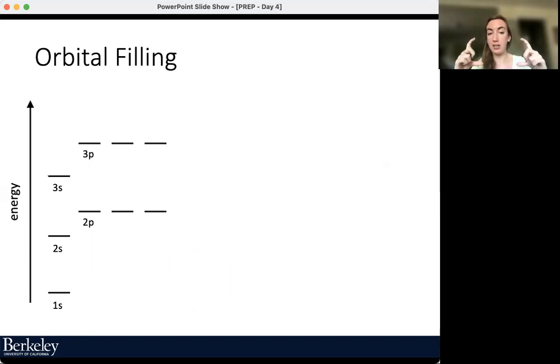Our second energy level has a 2s orbital and 3 p orbitals, and then our third level has a 3s orbital and 3 p orbitals. And like I said, there are a whole bunch of higher levels that add a whole bunch more orbitals, but this will work for the atoms that we're going to study for now.